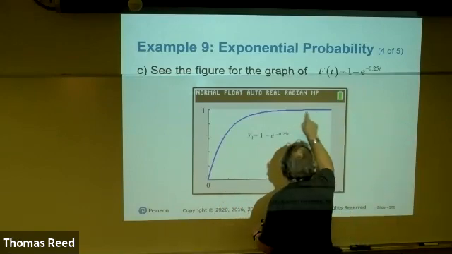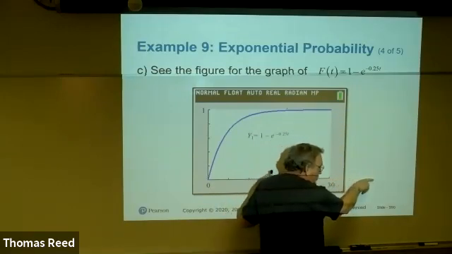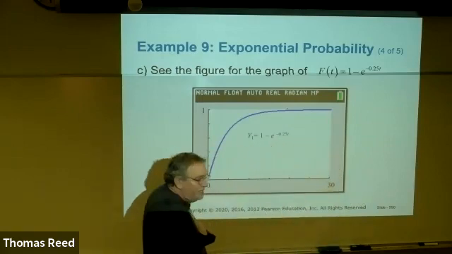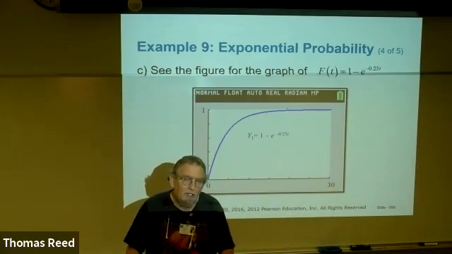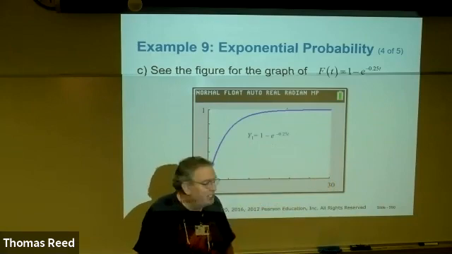But what's going to happen to this curve as we're talking about more and more minutes? What value is it approaching? Well, the larger T gets, the closer to 1 the function gets.